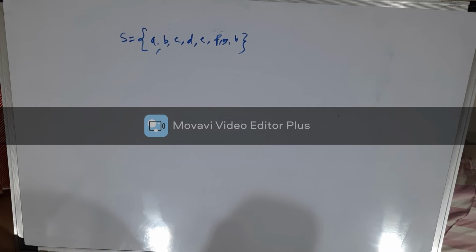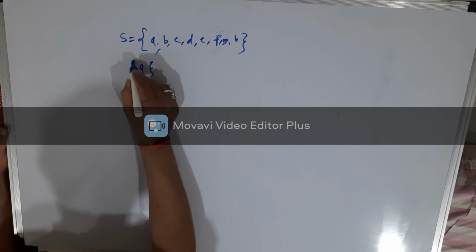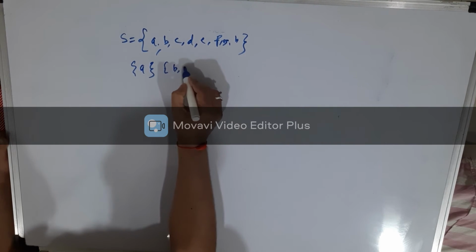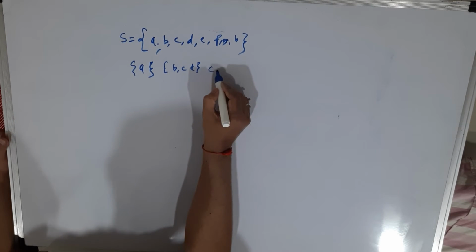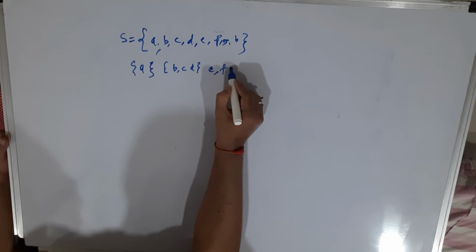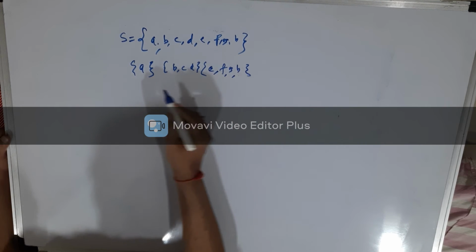One possible partition is A, B, C, D, and then E, F, G and H. Any subsets you can take.